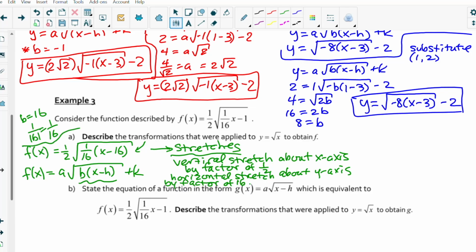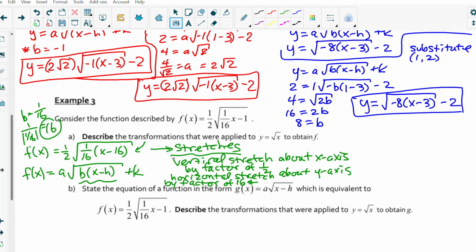Sorry, the b value is 1/16. So the factor is 1 over the absolute value of 1/16, and that is a factor of 16. So that's how I get my factor of 16.